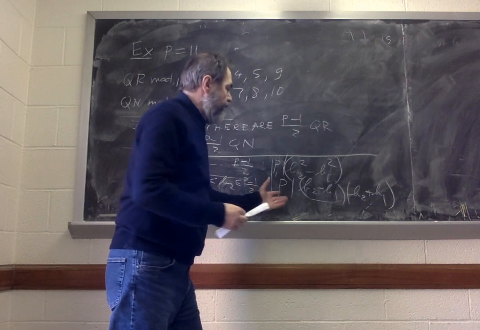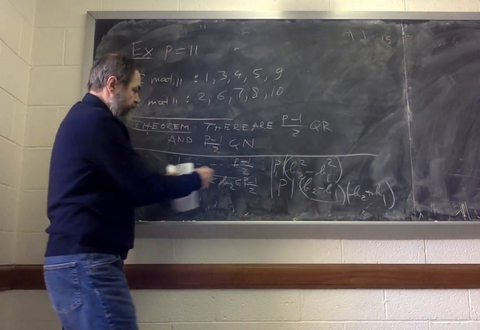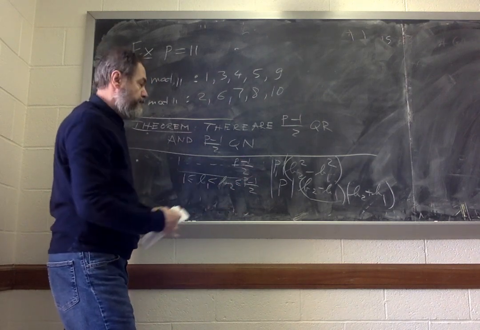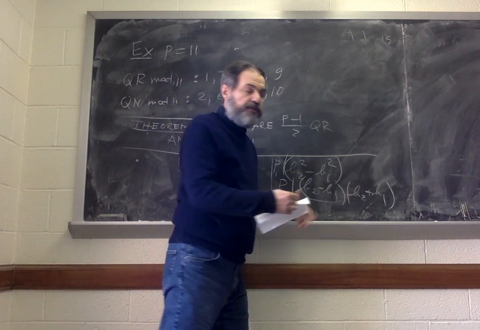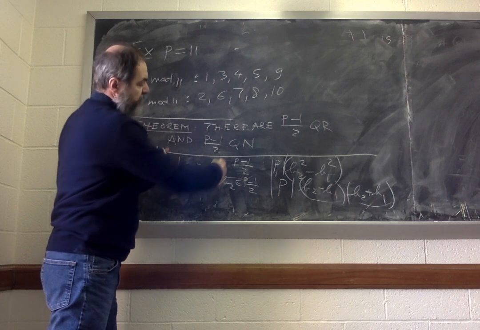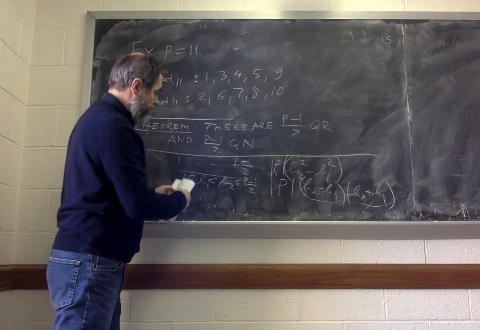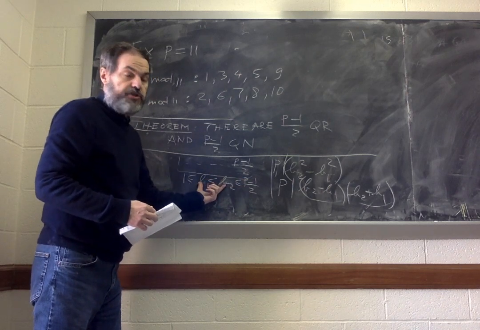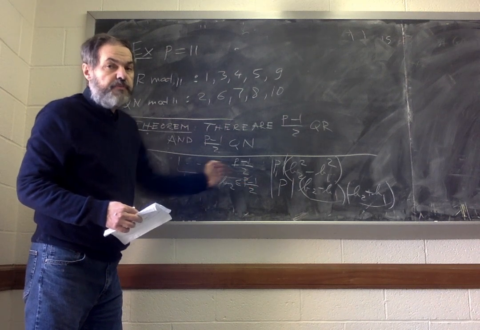But p cannot divide b2 minus b1, because b2 minus b1 is smaller than the length of the interval, which is less than p. But also, p cannot divide b1 plus b2, the sum. Because again, these two numbers are at most (p minus 1) over 2, so if I add two such numbers, the sum is less than or equal to p minus 1.